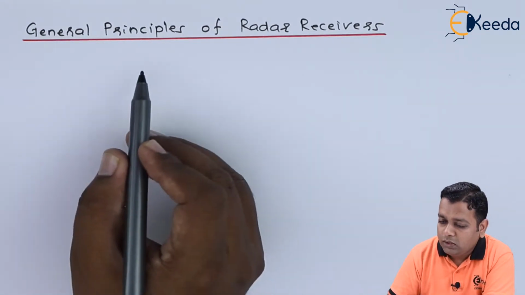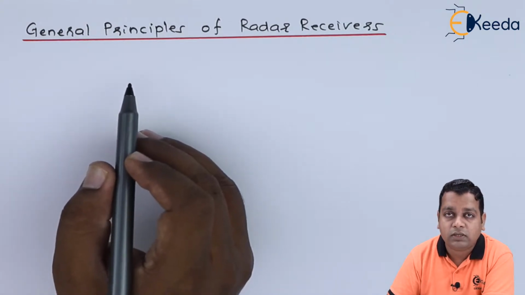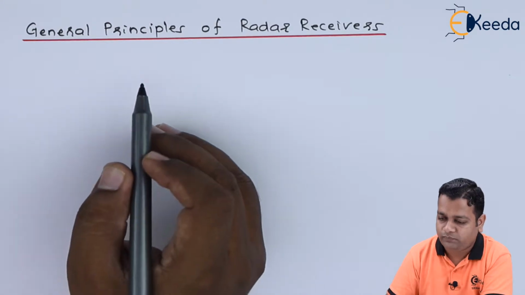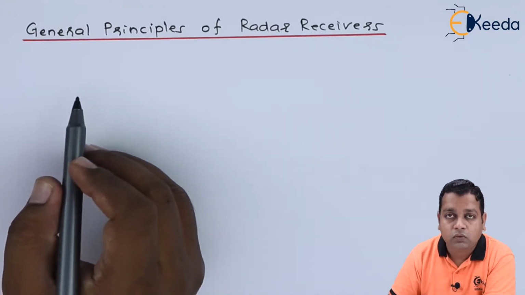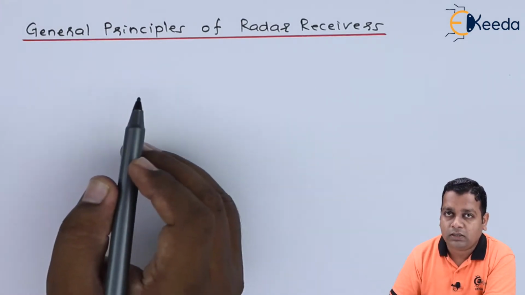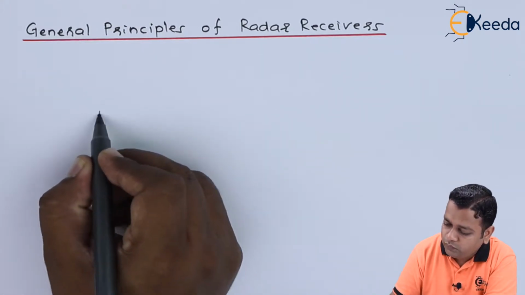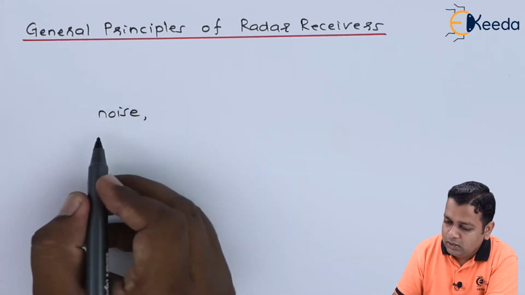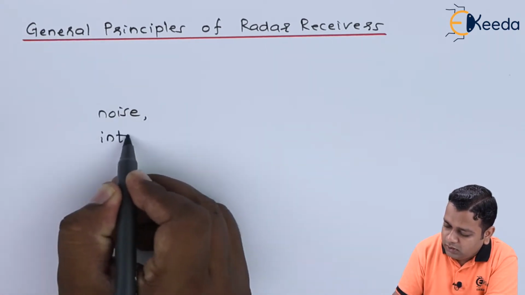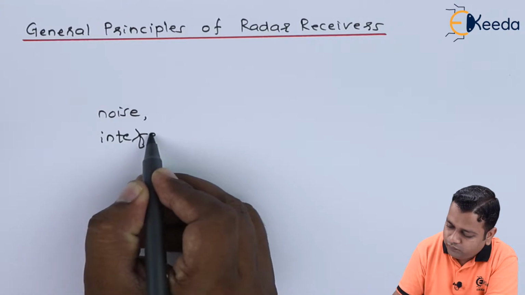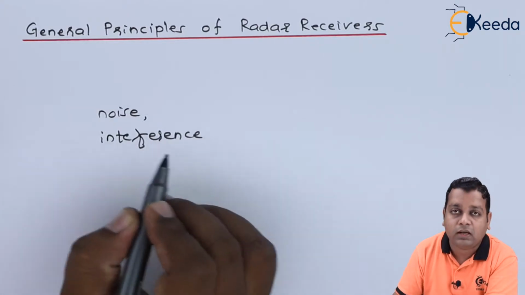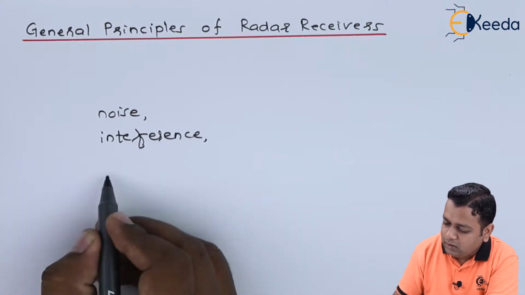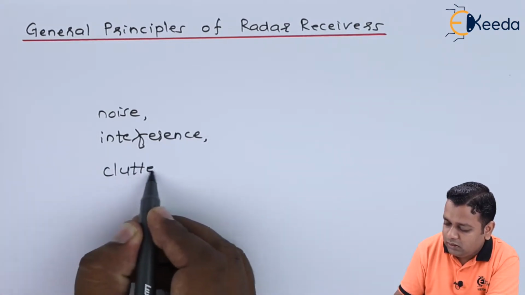Now, the function of the radar receiver is the detection of the reflected echoes. The echoes are to be detected in the presence of noise in the communication channel. There can also be interference due to other signals working in the same frequency ranges, and there can be clutter here.